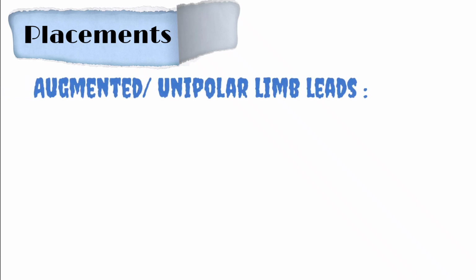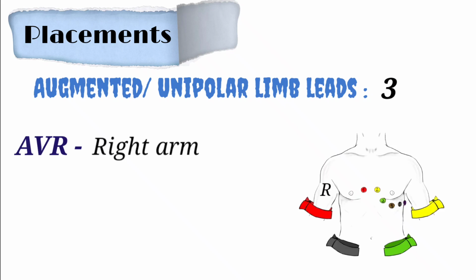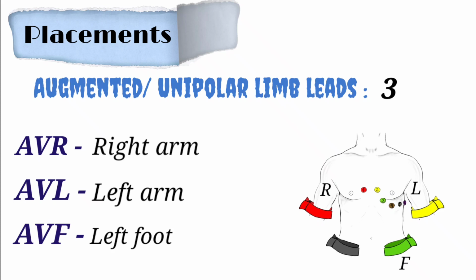Placements of ECG leads. Firstly, the 3 augmented limb leads, which are also called unipolar limb leads. AVR is placed on the right arm, AVL is placed on the left arm, and AVF is placed on the left foot. Secondly, the bipolar leads, which are also called the standard limb leads.